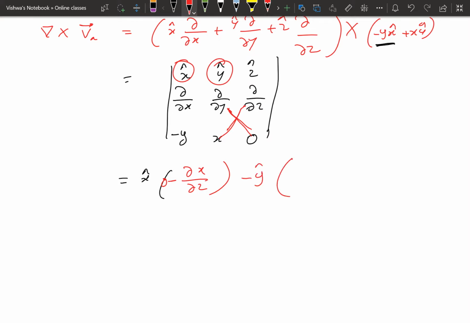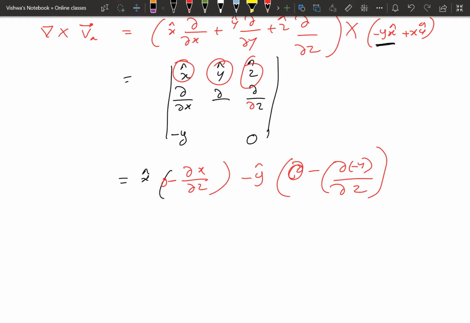We have to multiply these two. So dou by dou x of 0 is 0, then minus dou of minus y by dou z, and the third term is z cap.